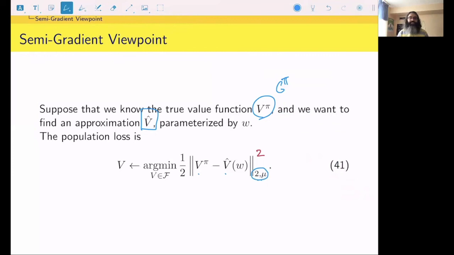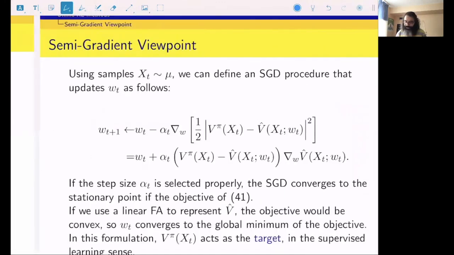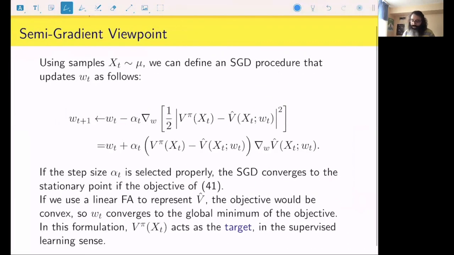If this is the population loss, the way that we get SGD is that we take the gradient of it, and then we replace the expectation with samples, and that would be SGD. So using samples X_t coming from μ, we can define an SGD procedure that updates W_t this way.